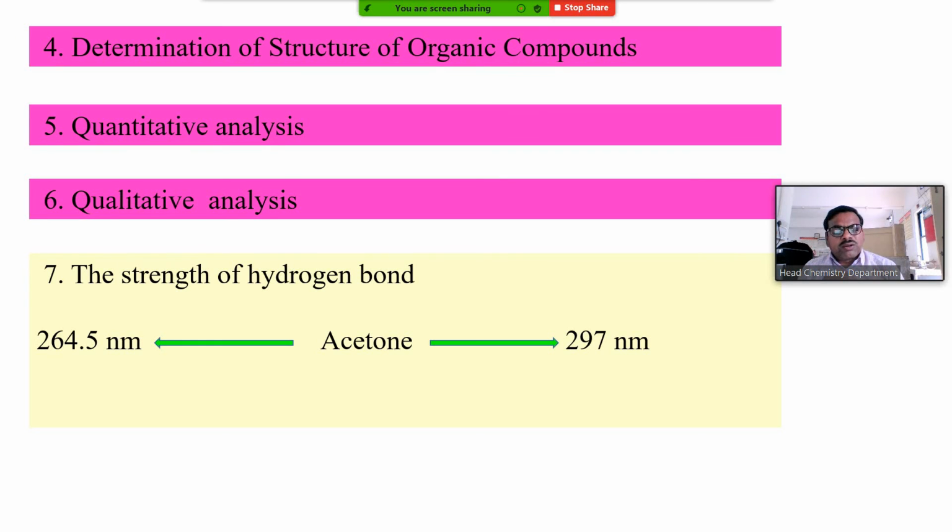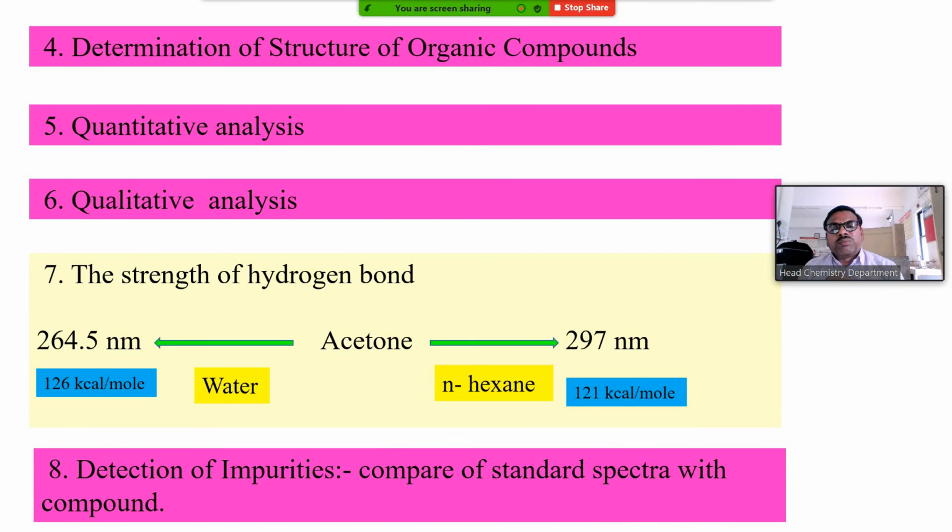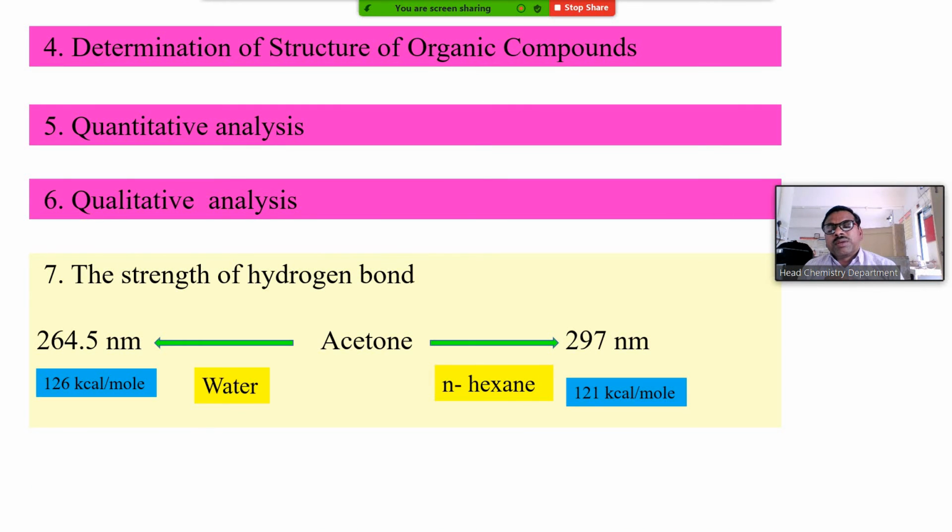When intermolecular hydrogen bonding is there, what will happen here? Definitely the lambda max value is going to change, because the energy is used for breaking of that intermolecular hydrogen bonding.